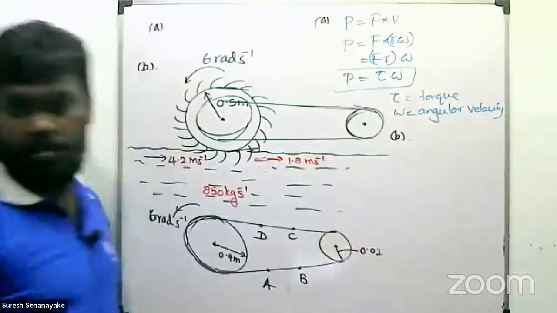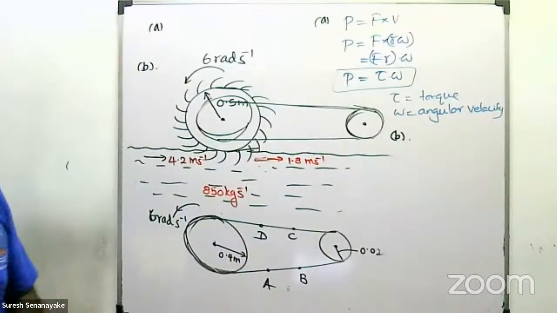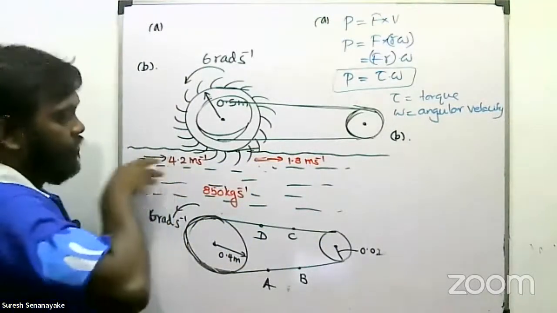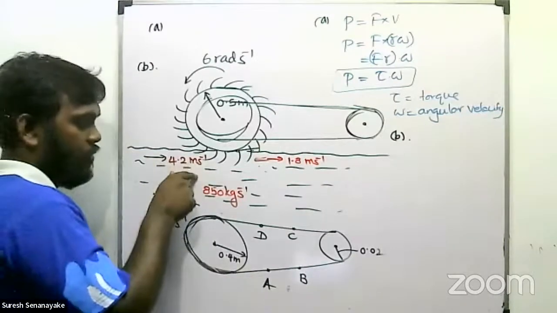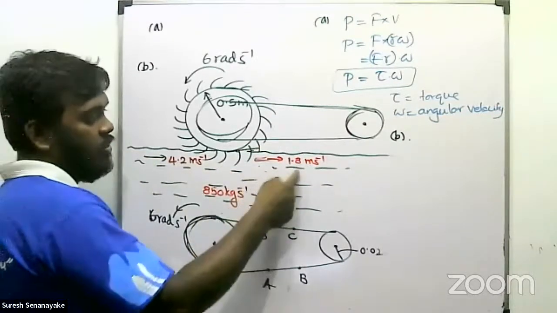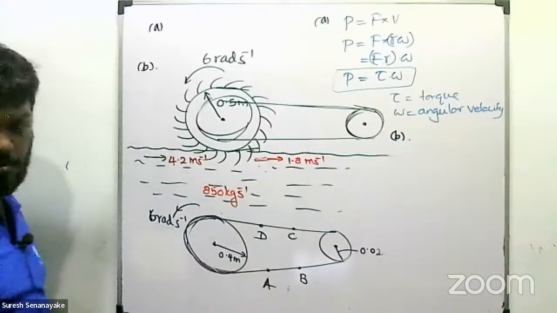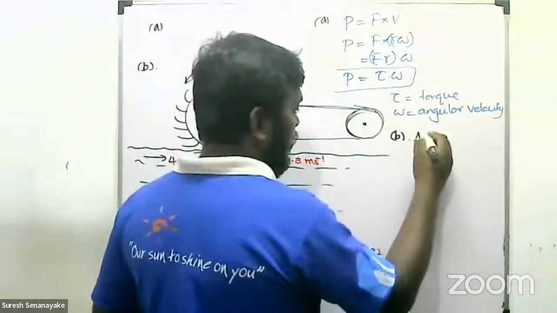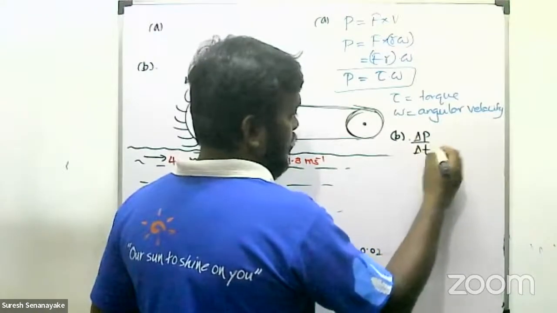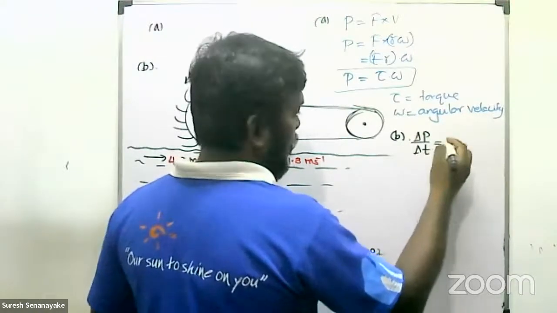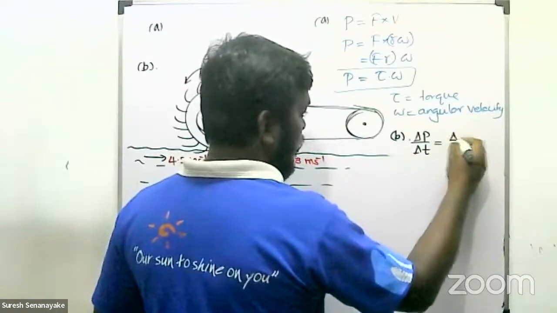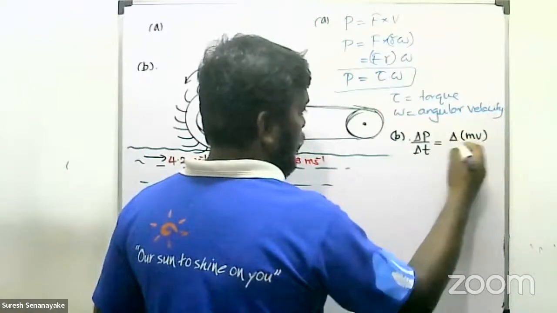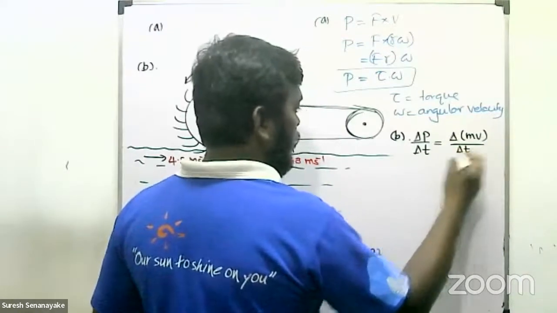Now part B, they're asking the rate of change of the momentum. The water flows in at 4.2 meters per second and leaves at 1.8 meters per second. So the rate of change of momentum equals delta mv by delta t.